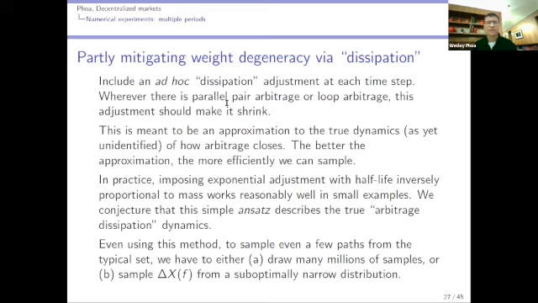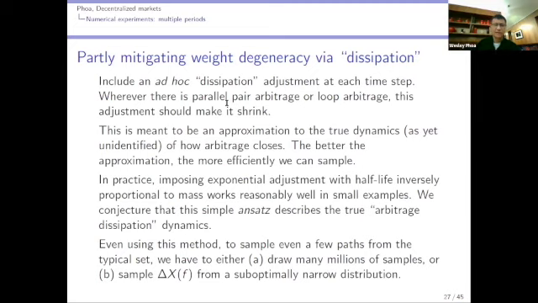So one way to solve that is to be smarter about how you sample. If you sample a path, you're sampling one time step at a time, delta f at time 1 and another delta f at time 2 and so on. And one way you can mitigate this problem is, as well as shocking each arrow some more in each time step, you can also impose some closure of arbitrage at each time step.